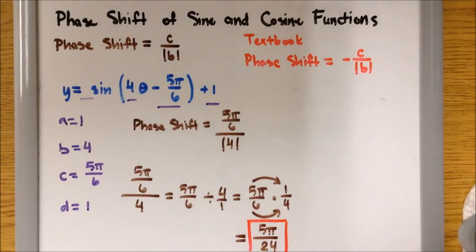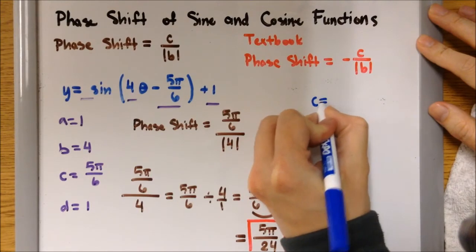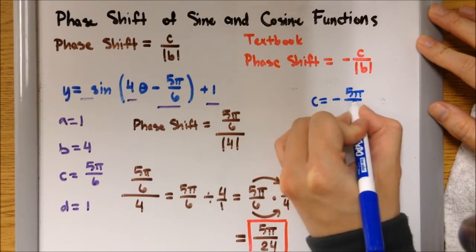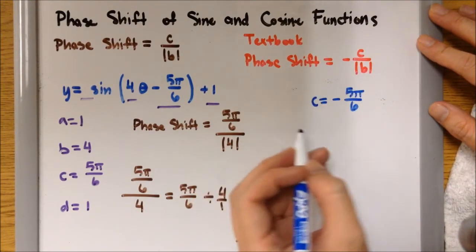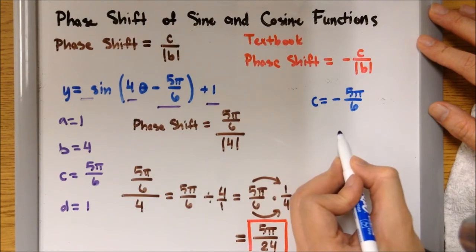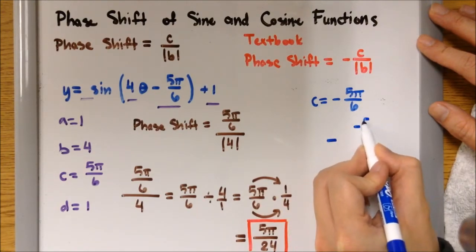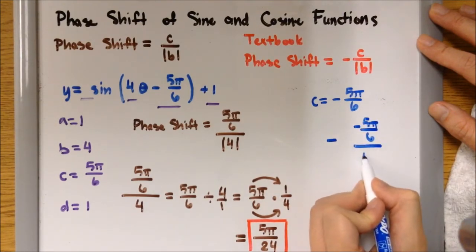Now, if, say, you didn't change the sign on our C value, so C is negative 5 pi over 6. When we plug into this formula, if I get the exact same B value, it's going to be negative of negative 5 pi over 6 over the absolute value of 4.